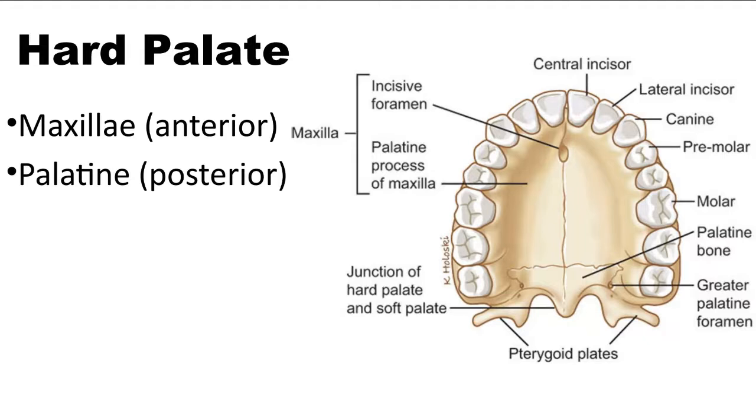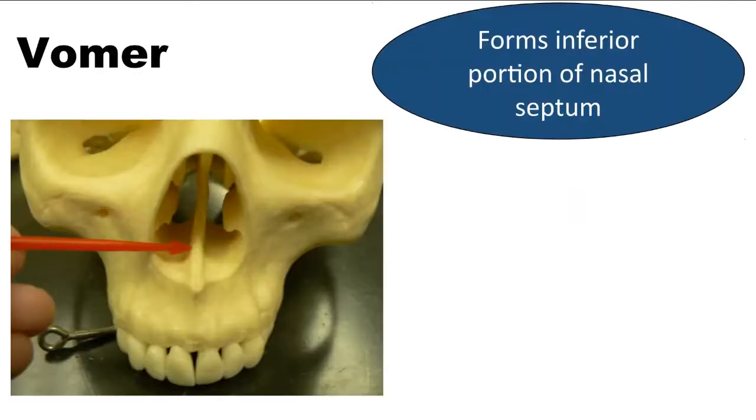Posterior is also the palatine bone. The vomer forms the inferior portion of the nasal septum.